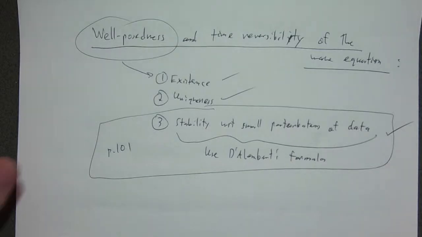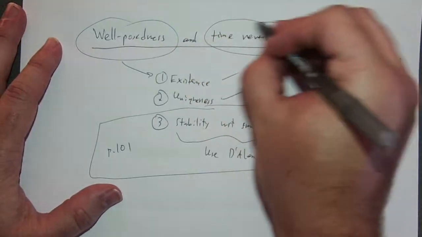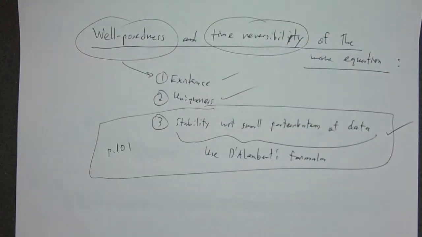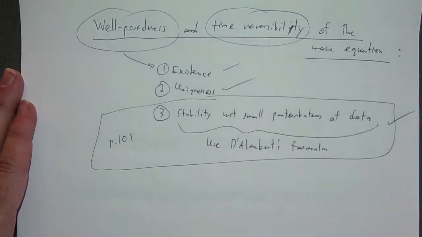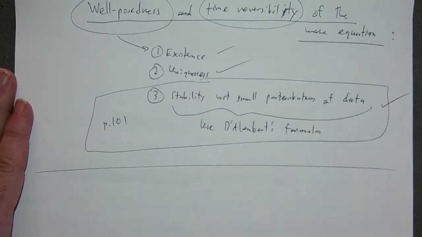Now, the other thing that is something to think about is time reversibility. This is not going to be something in general that's true for every PDE. We're going to see at least one PDE for which this is definitely not true. And so what is time reversibility? Time reversibility is a question corresponding to a problem something like this, right?